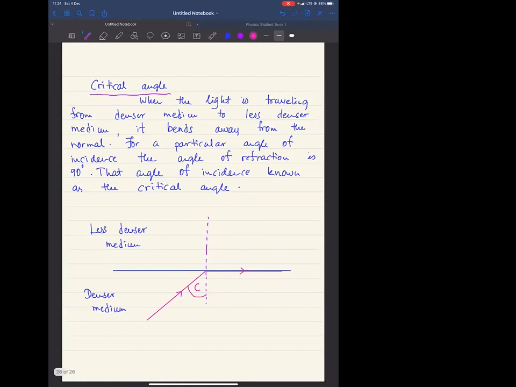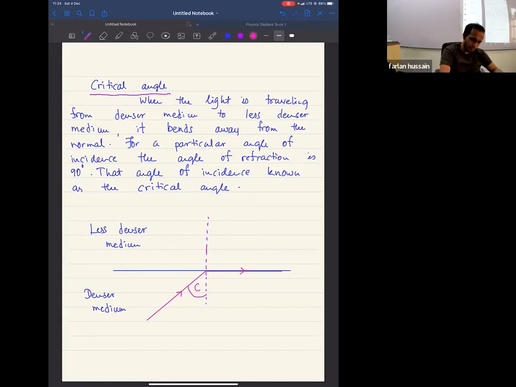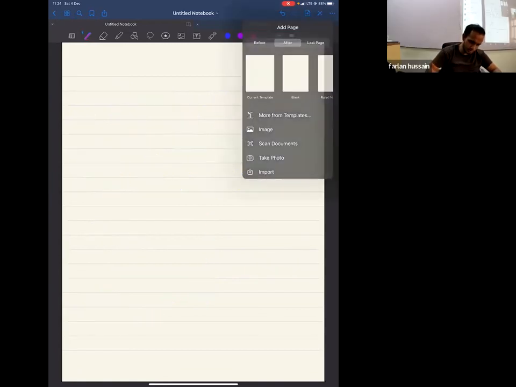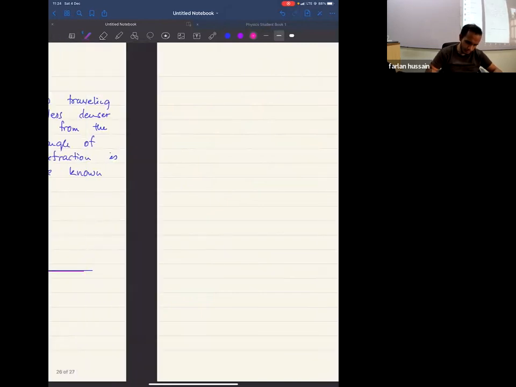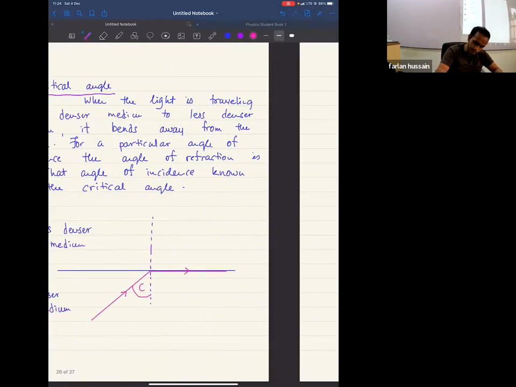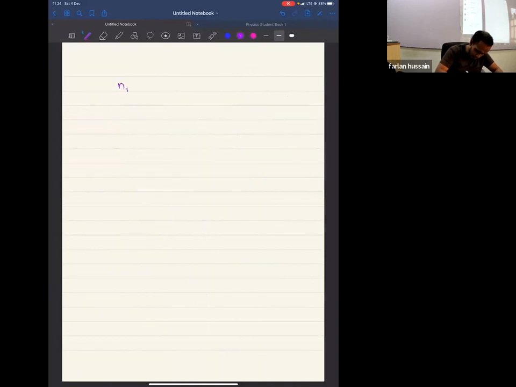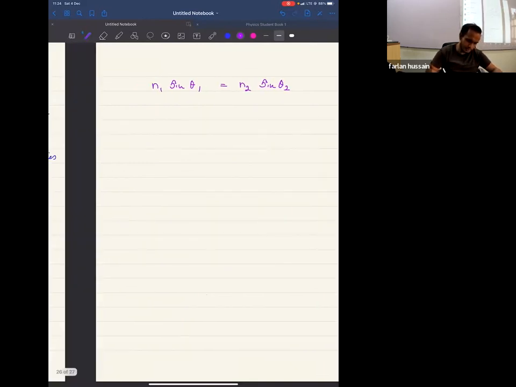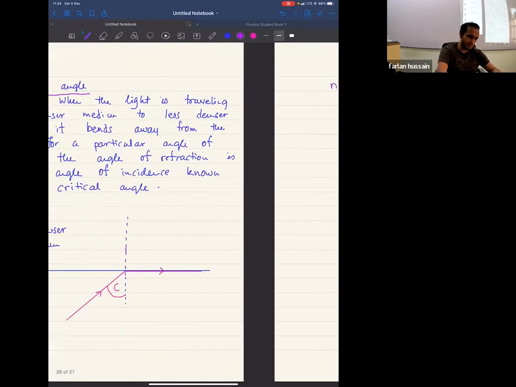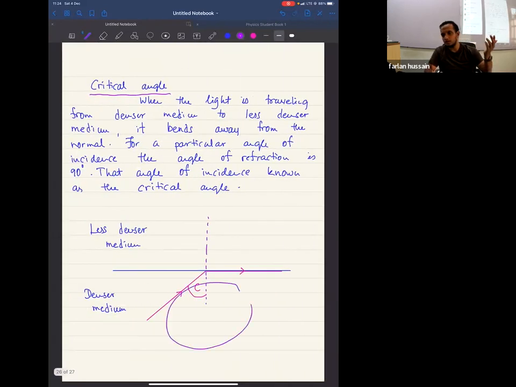Right now, see guys. We already have an equation for this, so I'm going to use that equation. N1 sine theta 1 is equal to N2 sine theta 2. Now let's say this is denser medium, it can be any medium, water or glass or anything.